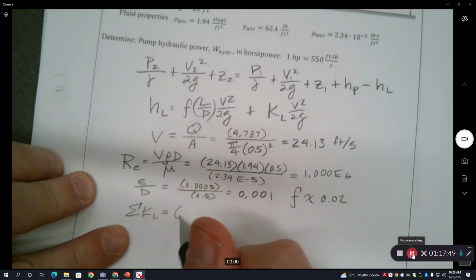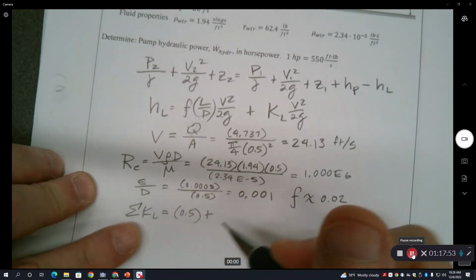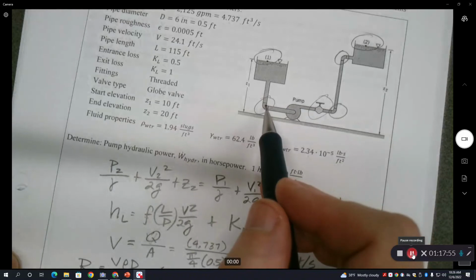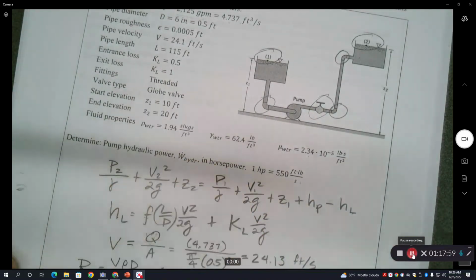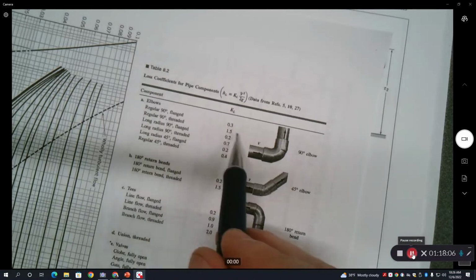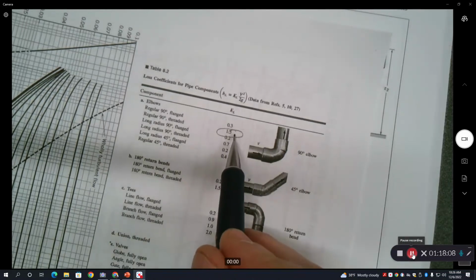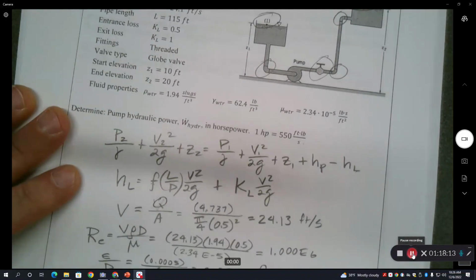The entrance is going to be 0.5. 3 elbows, and they told us what those are, right? The fittings are threaded. Sorry, they're over here. They're threaded fittings, and they were 90-degree elbow threaded, so they're 1.5 each. So 3 times 1.5.